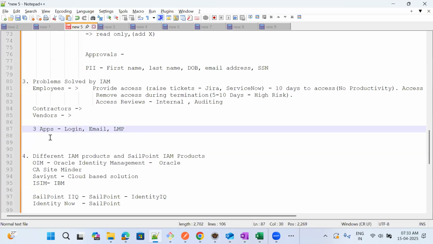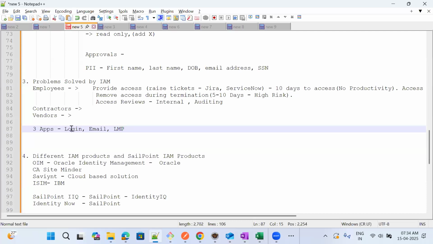So the legacy way is we go to the ticketing tool and create a ticket to get the login access, another ticket to get the email access, and another ticket to get the learning management portal access.